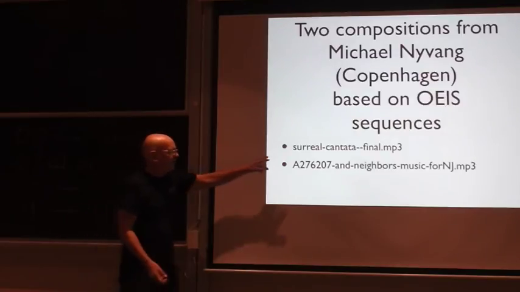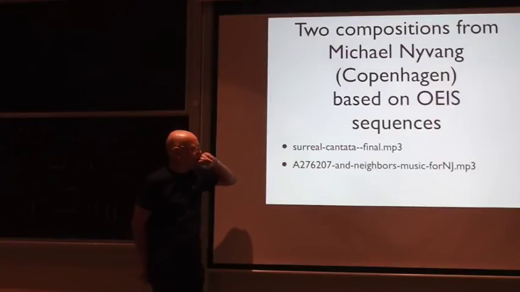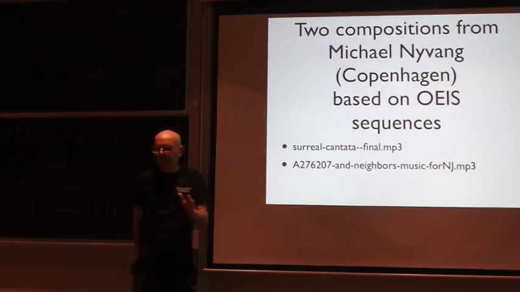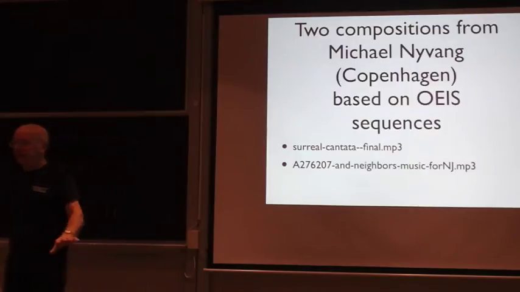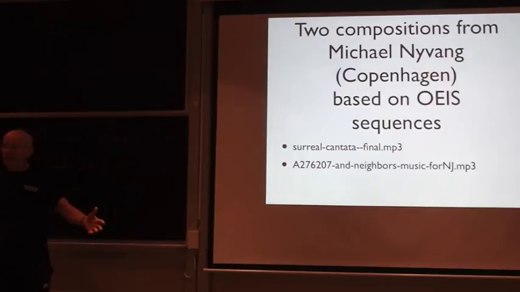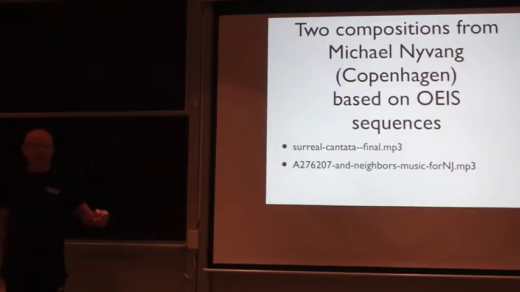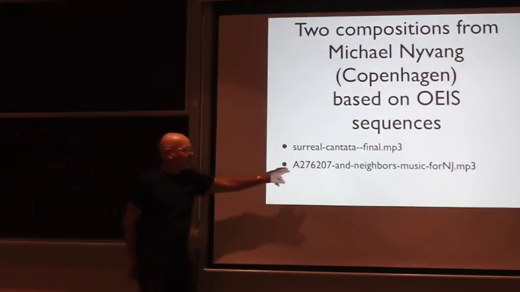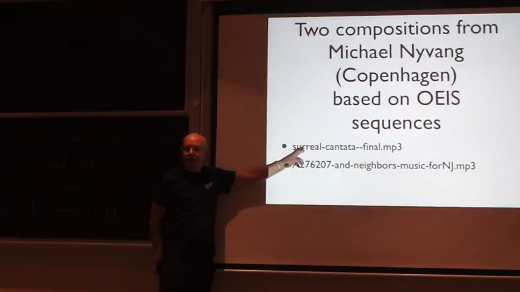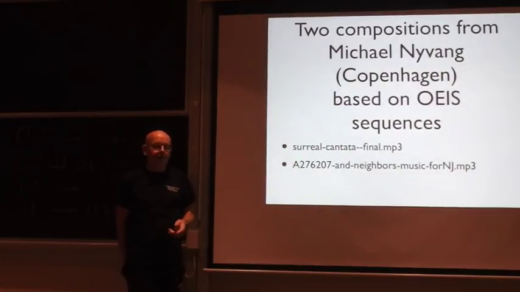This is the surreal cantata. He said, be careful, there are some very low notes. If you've got a good musical system, it'll sound like there's an earthquake coming. This one is much, much worse. So I'm just going to play this, but already you can hear.